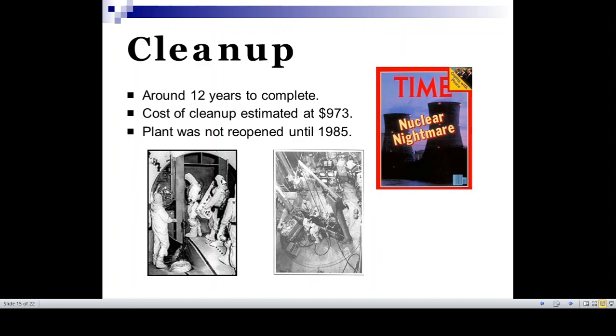So according to some of the magazines, some of the reports, एक reactor को साफ करने के लिए they took around 12 years. So it is approximately 12 years, but many scientists claim that it was more than 12 years, but for our purpose we can remember that it was around 12 years which took place to clean up the complete nuclear reactor.